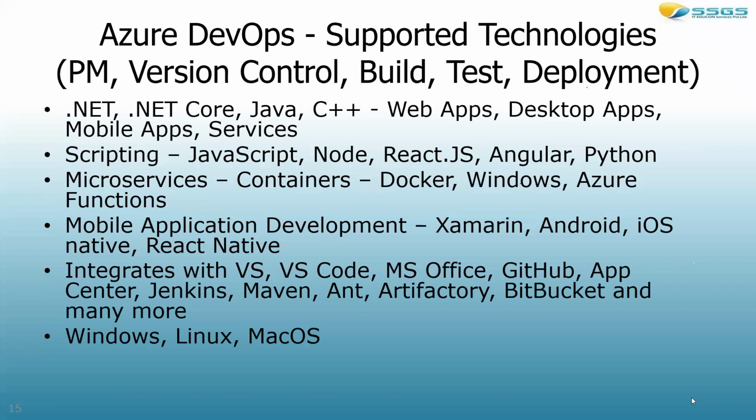It also integrates with other tools which are, in a way, competitors of Azure DevOps, but still it allows you to use those through Azure DevOps, like Jenkins, Maven, Artifactory, Bitbucket, and many more. I'm just giving a list of some major tools, but there are many other tools with which Azure DevOps can integrate.